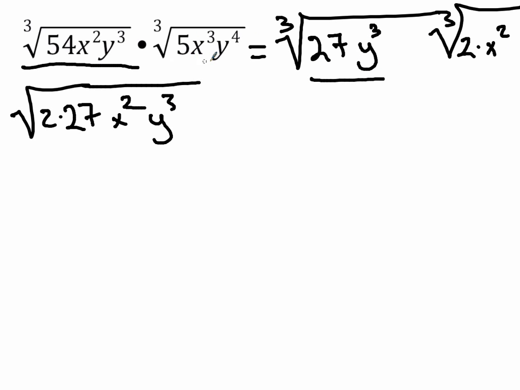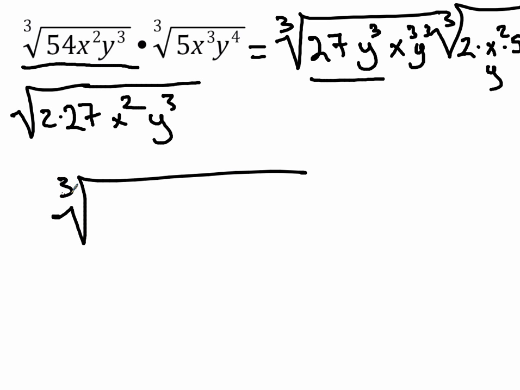Now I'm going to go to the second term. 5 is not a perfect cube, so I'm going to put it over here also. So times 5, and then x cubed is a perfect cube, and then y to the 4th has a perfect cube in it, and it has one that isn't, so I'll put that over there. So let's rewrite this in a way that looks a lot nicer.